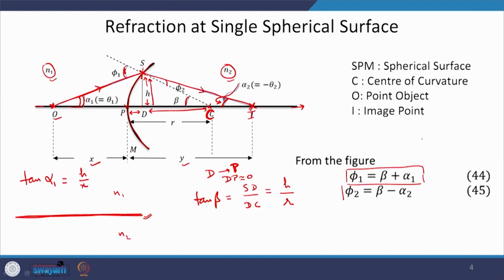We are in the habit of calling this angle of incidence theta 1 and theta 2, and therefore, here in the bracket you see that alpha 1 is equated with theta 1 and alpha 2 is equated with minus theta 2.